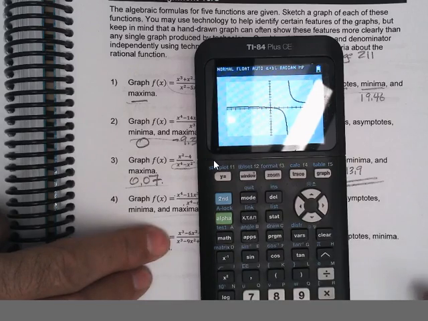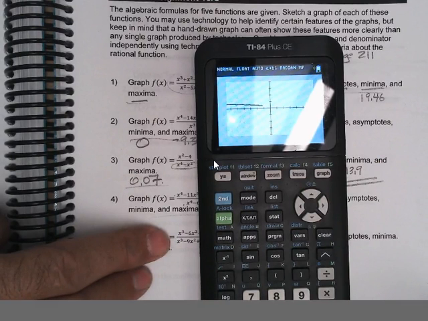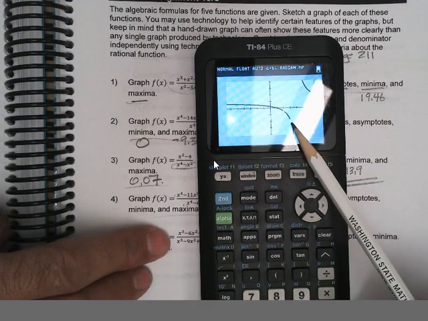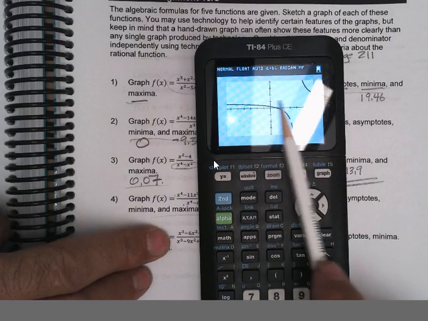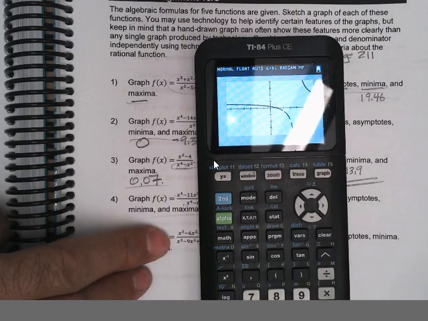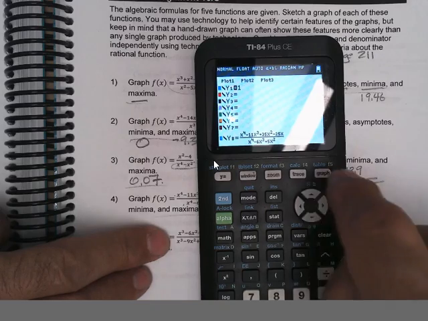I don't know that it crosses 1. Let's go zoom 4. It's got a hole there and a hole there at 1 and at 2. And 1, I don't think it ever goes across that. I'm going to type in another one, y equals 1, and graph.